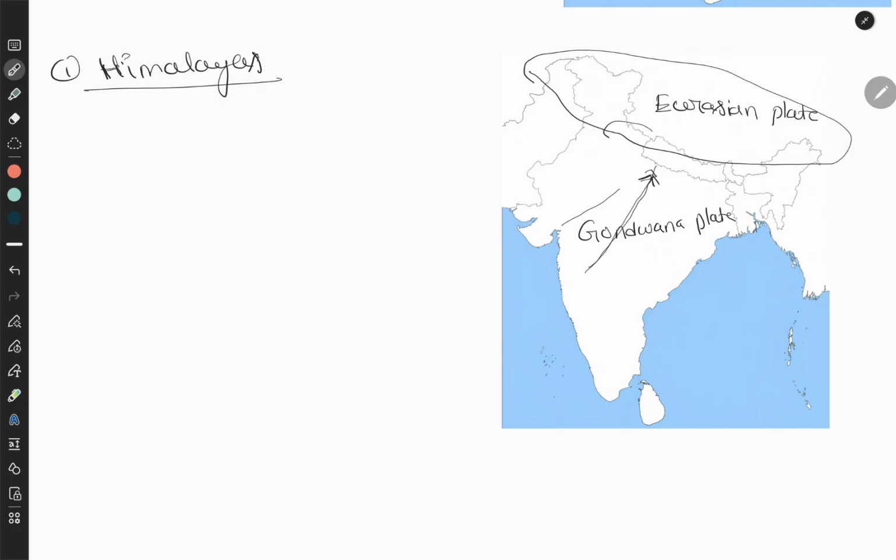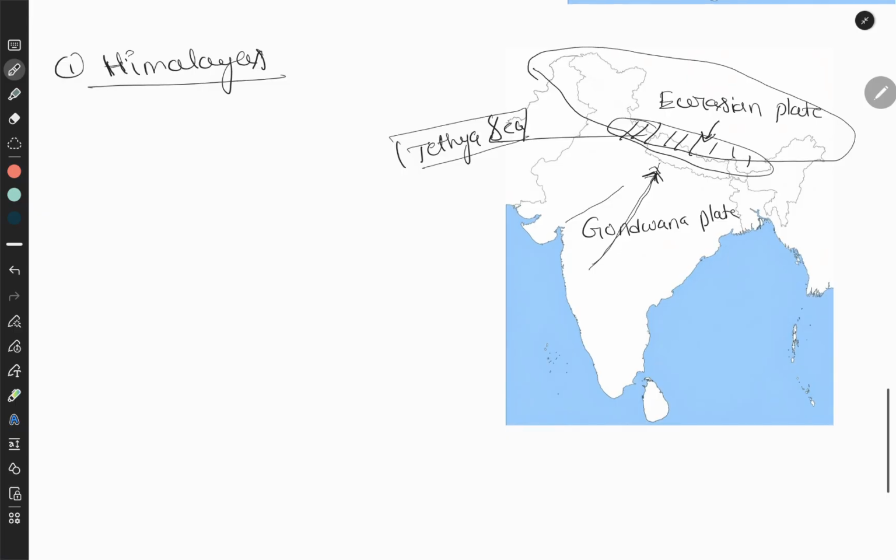Where there is a sea called Tethys, because of the convergence of these two plates, the sea bulged out and formed mountains.